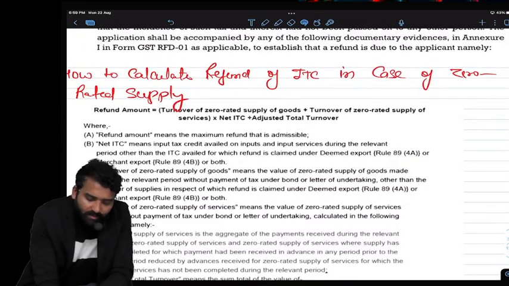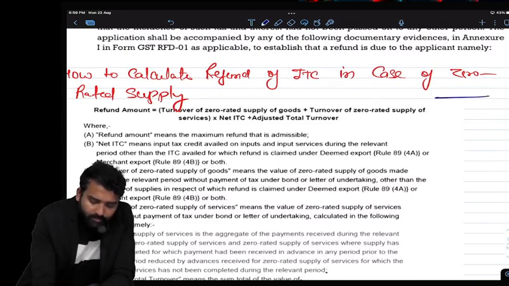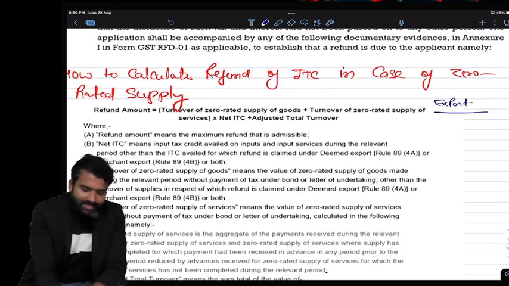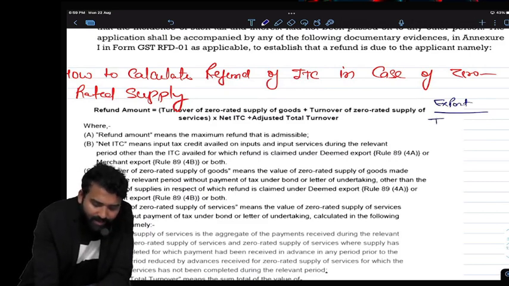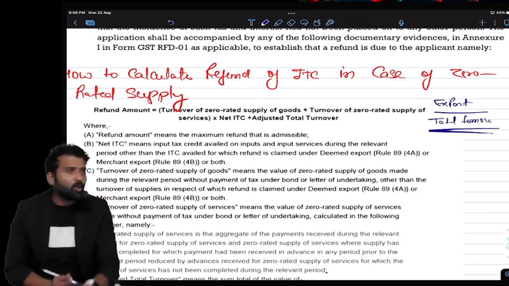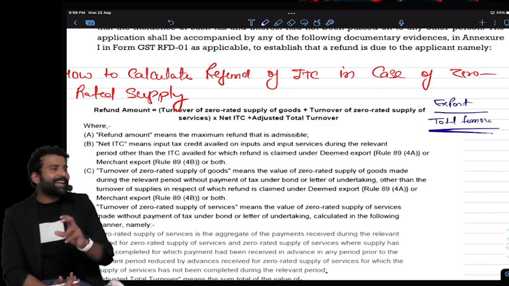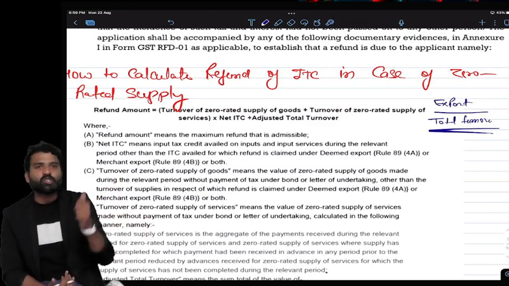How much is the refund amount? In numerator we put export turnover of goods as well as services, and denominator we are putting total turnover. So with this, basically we are proportionating the ITC. We are calculating the proportionate ITC which belongs to export.